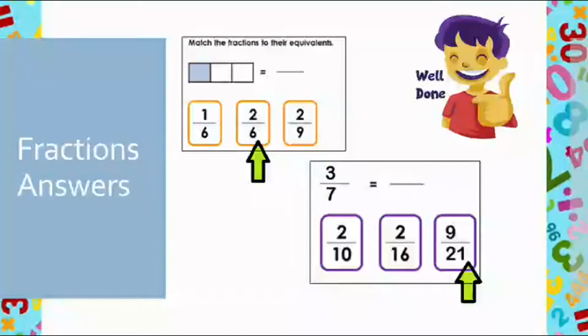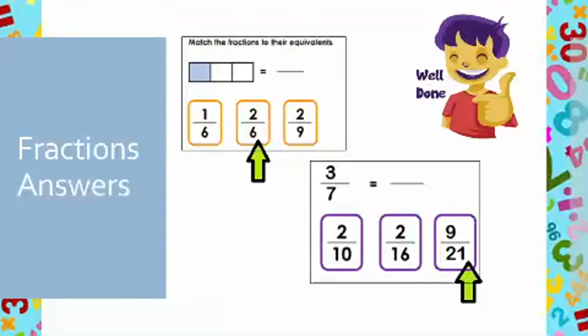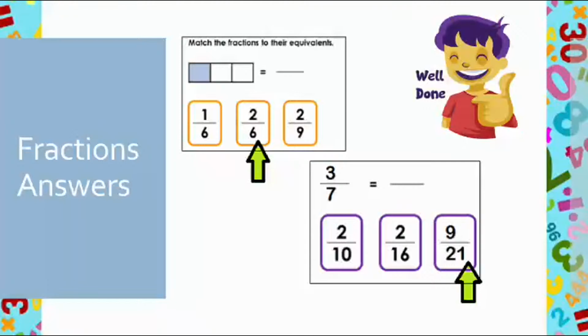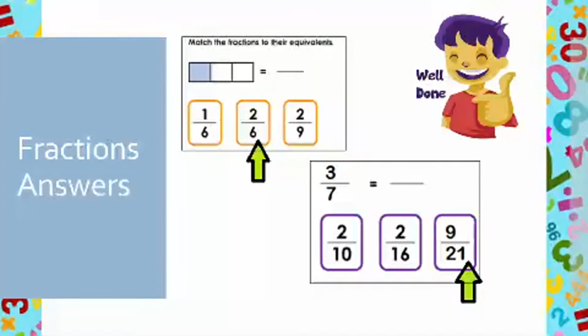So the fraction that was equivalent to the shaded fraction was 2 upon 6, because the shaded fraction there is 1 upon 3. There is one part out of the 3, and then 1 multiplied by 2 gives me 2, and 3 multiplied by 2 gives me 6.